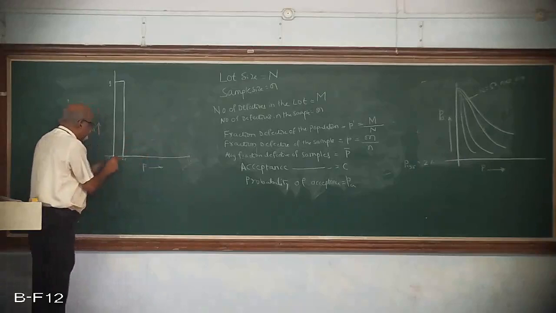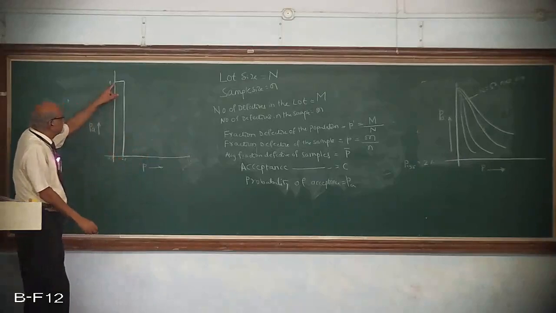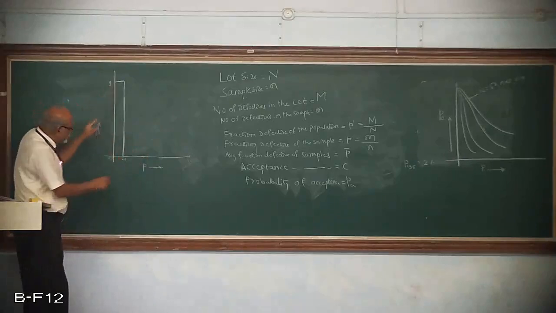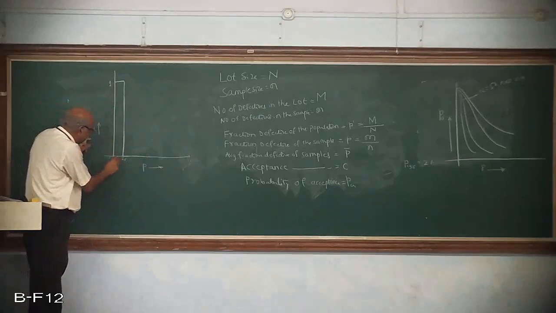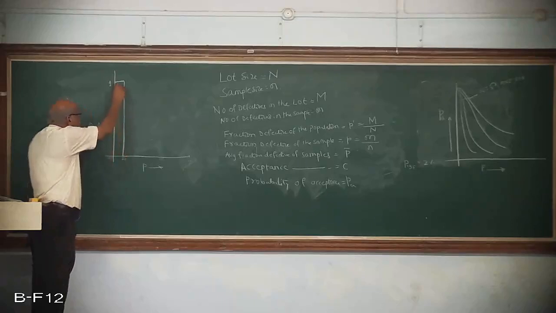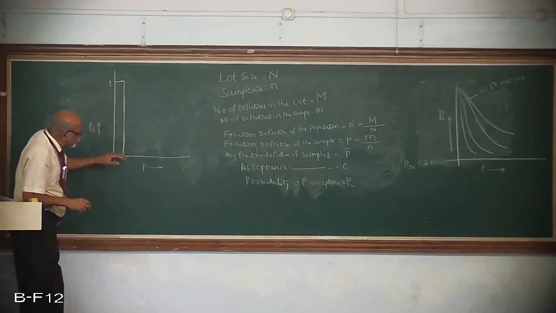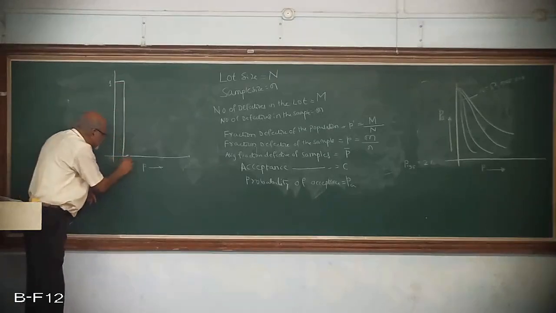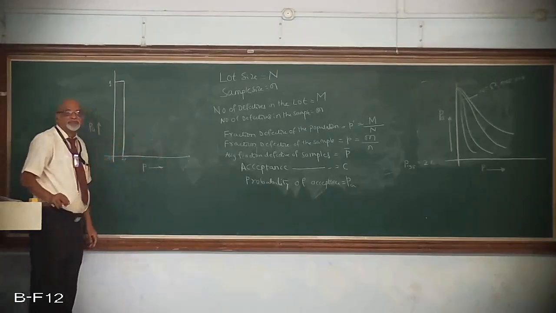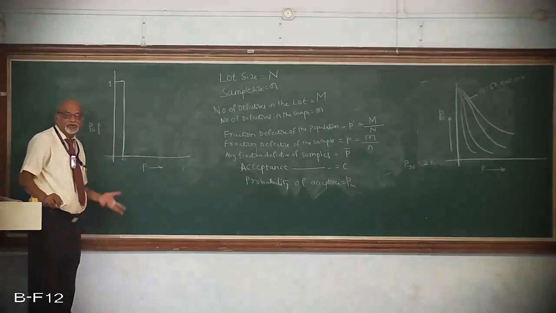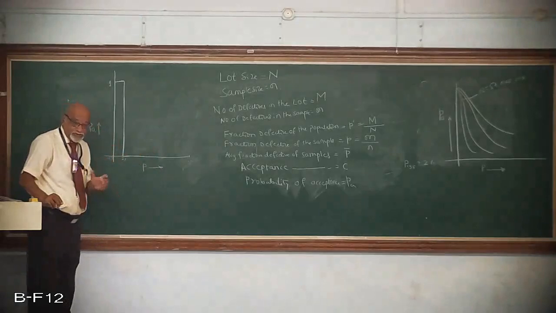If it contains 0%, what is the probability of acceptance? 100%. If it consists of 0.5%, 1%, 1.5% defective, 1.75%, up to 2%, the entire lot will be accepted. If it consists of more than 2%, rejected. No question. So I will have only two regions here.